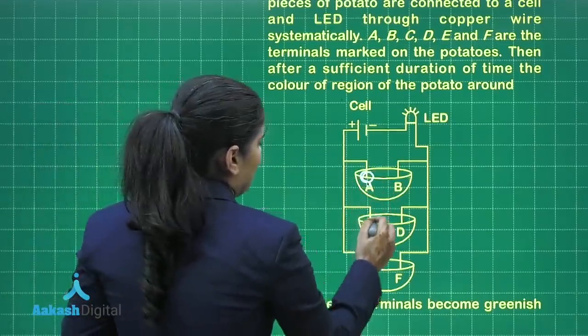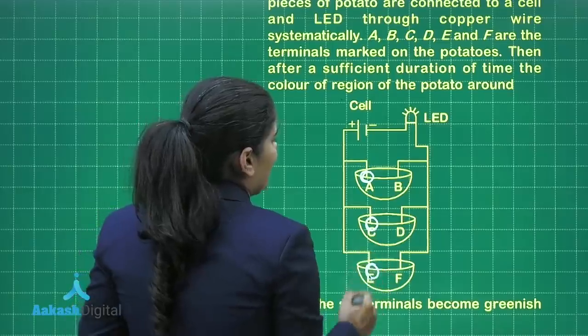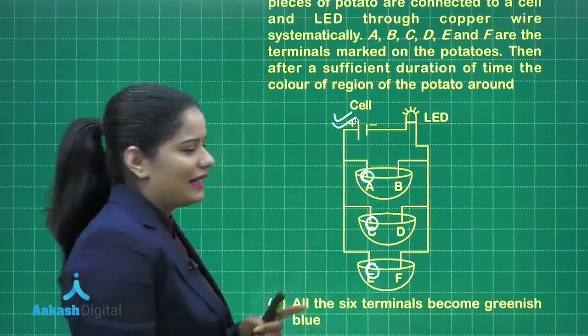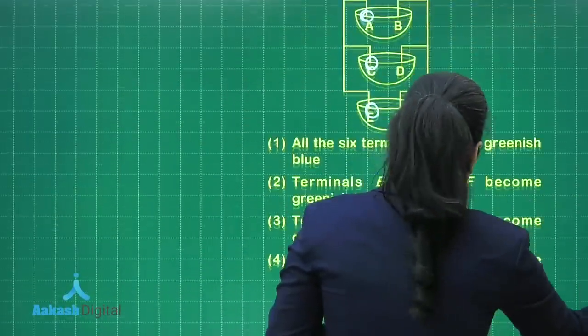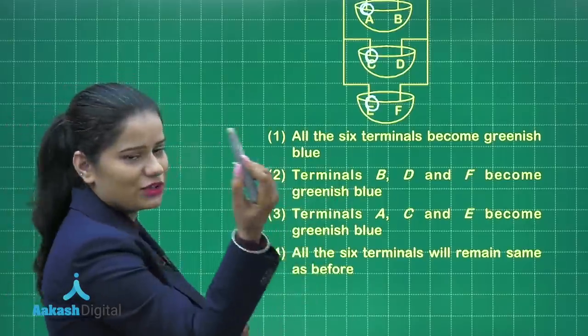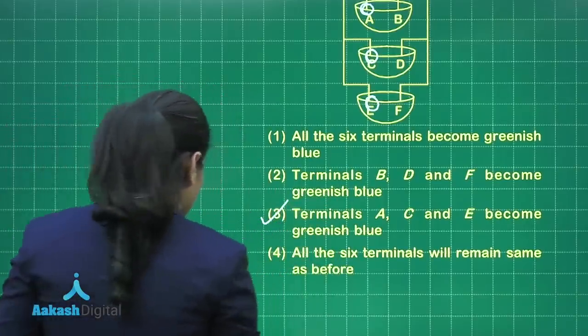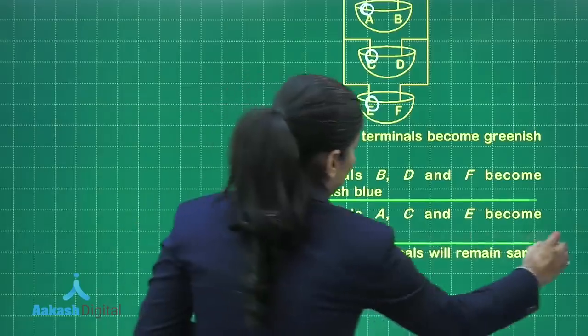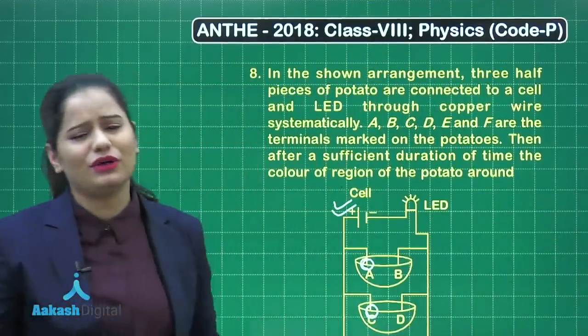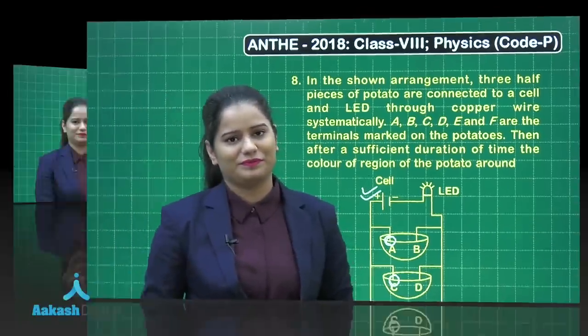Terminals A, C and E are connected to the positive terminal of the battery, and hence ACE becomes greenish blue. So which option is the correct option? That is option number 3. So I am just going to put it into the box as well. So I hope this question is quite clear to you. Now let's take up the next question.